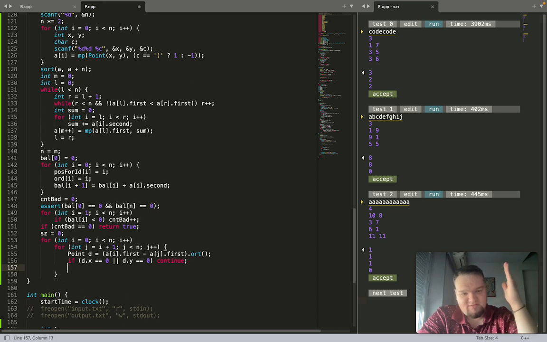The points that have the same x coordinate and the same y coordinate will always be compared in the same way by their other coordinate. Also, right now, I don't know in which of two directions this vector is looking.